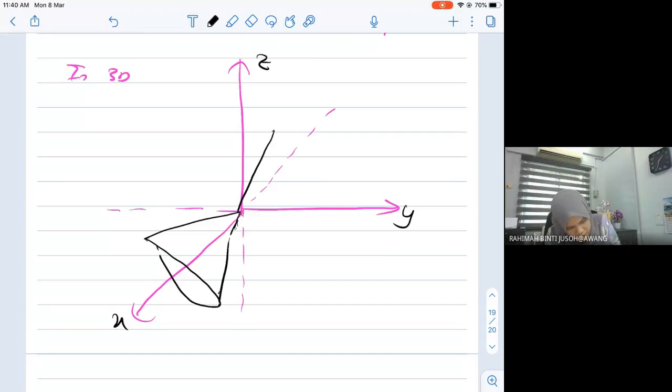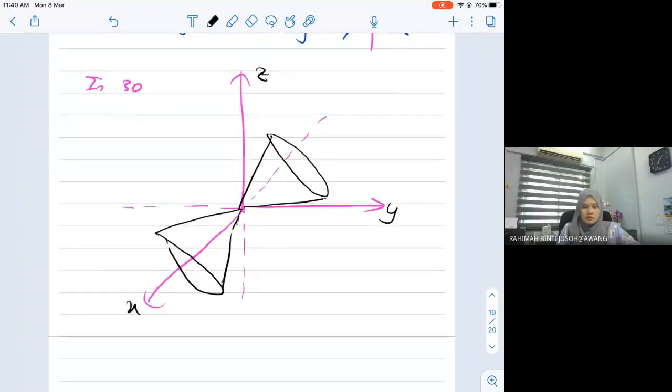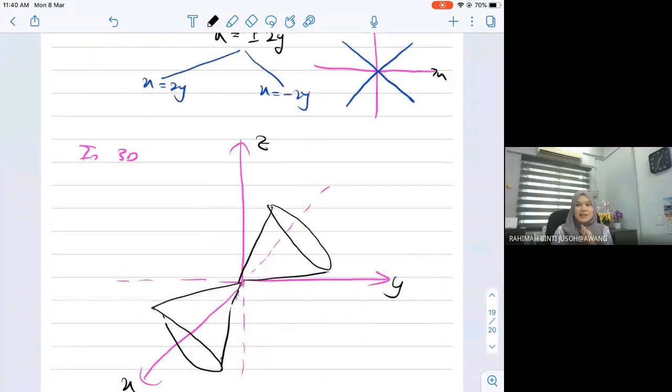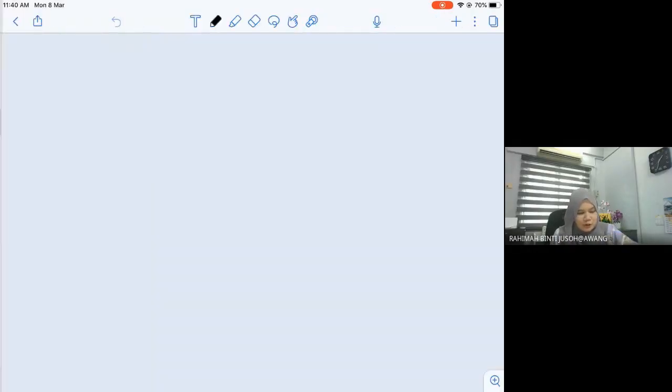Satu X ke depan, satu X ke belakang. Macam tu. Sebab dalam soalan ni dia tak ada punca kuasa, so dia both sides. So dia ada dua cones. Okay? Understand guys? Yes. Alright. So jom kita tengok exercise ni.